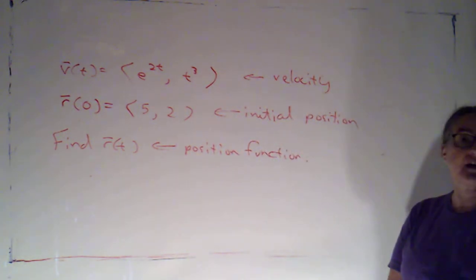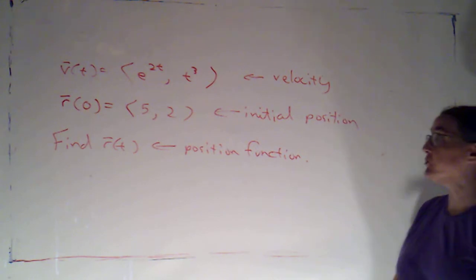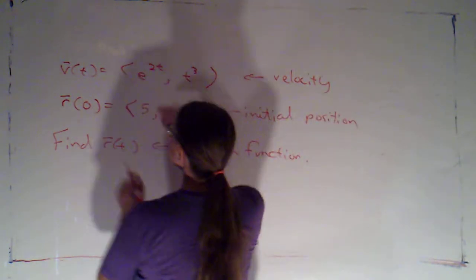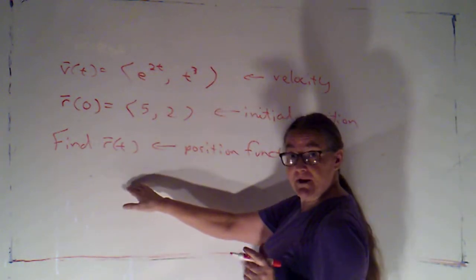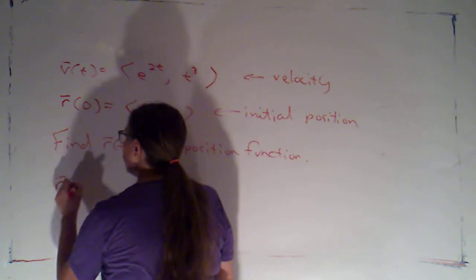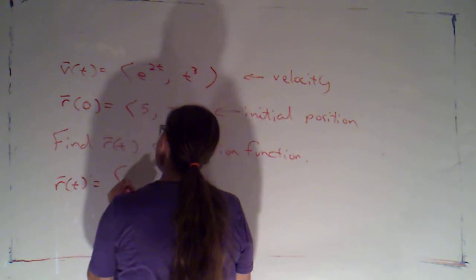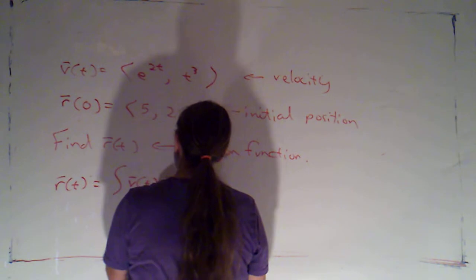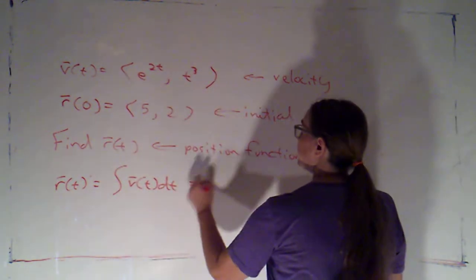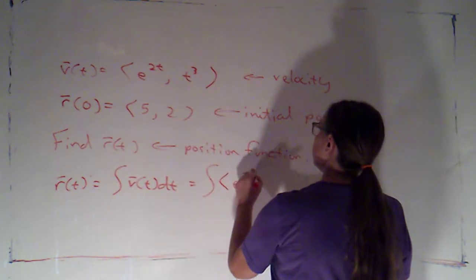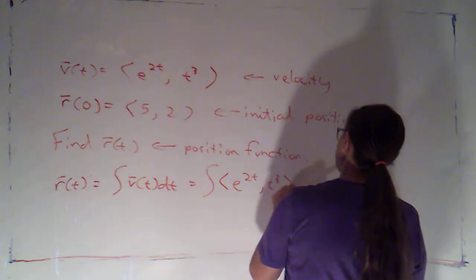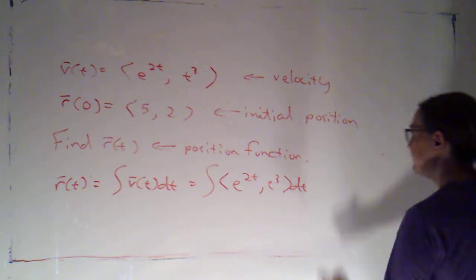So this is just an example of what we call an initial value problem. I know that since velocity is the derivative of position, position is going to be an antiderivative of the velocity. So we're going to integrate ⟨e^(2t), t cubed⟩ dt.